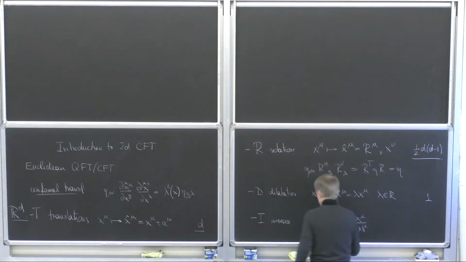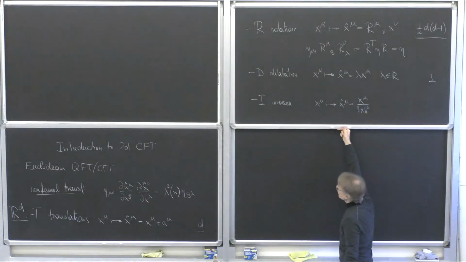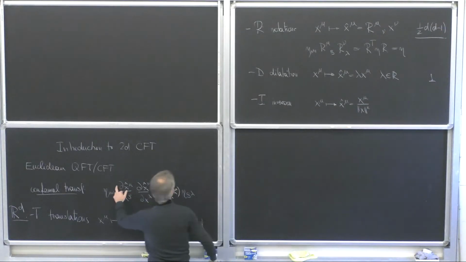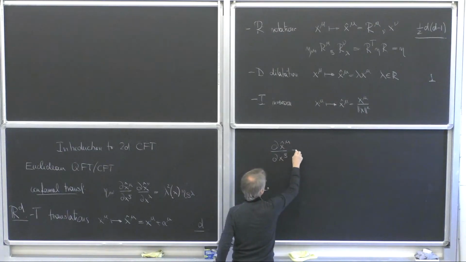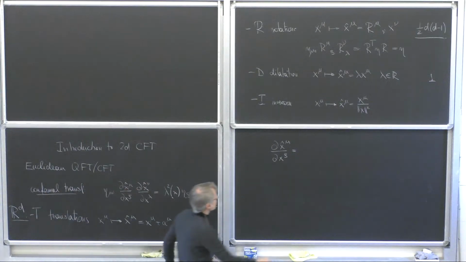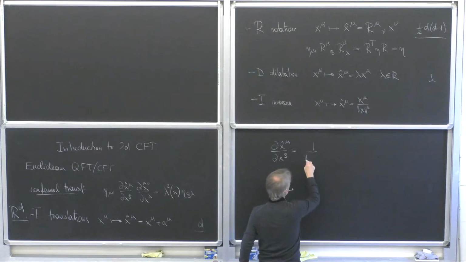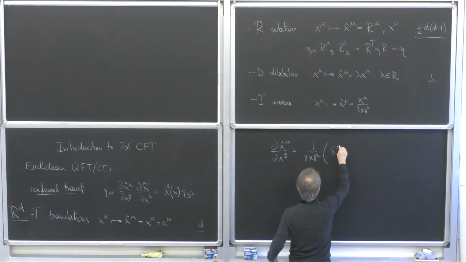Now, why is this a conformal transformation? Well, let's check. What we have to do is calculate dx̂. So what is ∂x̂^μ/∂x^ρ? Well, we take the derivative of the numerator. This gives you a 1 over the norm of x squared, and then a δ^μ_ρ.